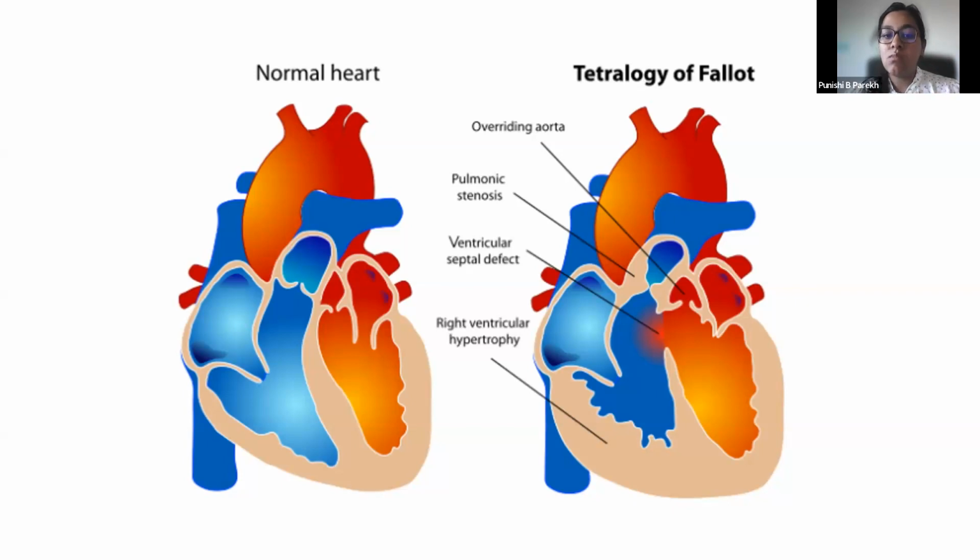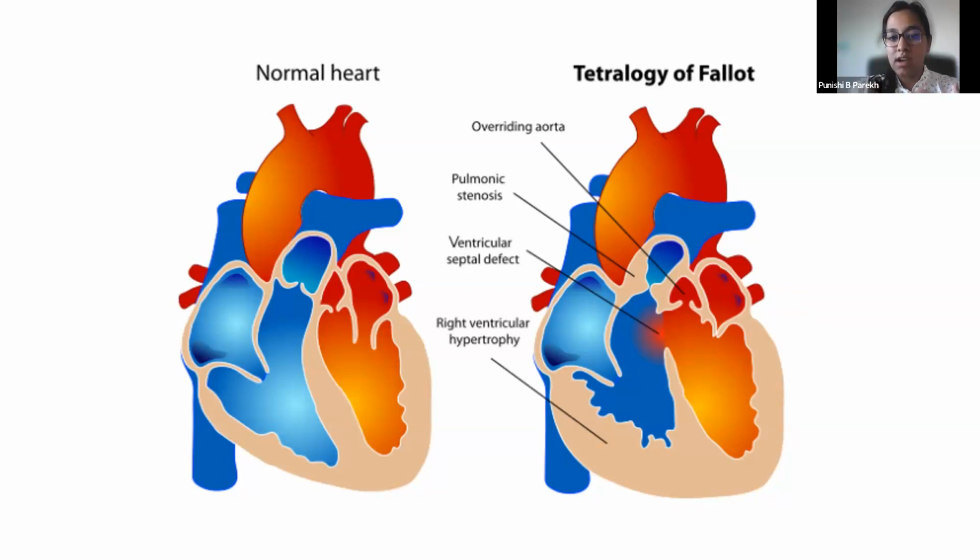And at the same time, what does overriding of the aorta mean? Normally the aorta sits over the LV, because in a normal heart the aorta only receives output from the left ventricle. But because of the anatomy and structure in a TOF, the aorta now sits over both the RV and the LV. So all the blood that's shunting across the VSD from the RV into the LV directly enters the aorta.